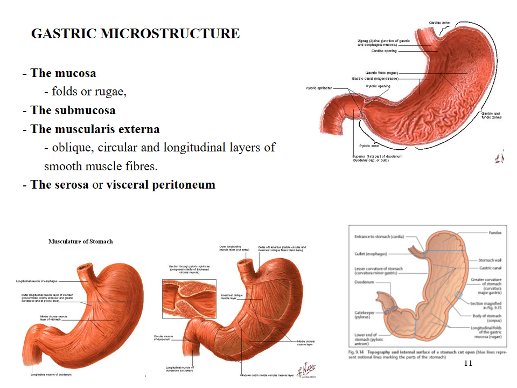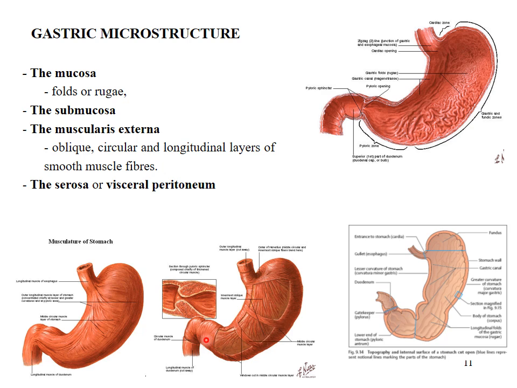The second layer is the submucosa, and this is the layer of loose connective tissue. Then the muscularis externa. The muscularis externa consists of smooth muscular fibers, and there are 3 layers of the smooth muscular fibers.